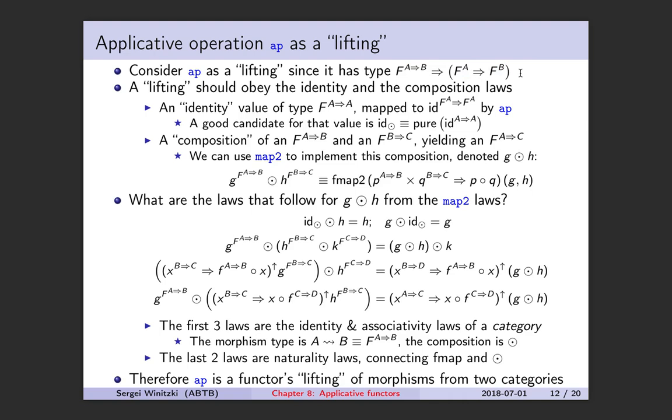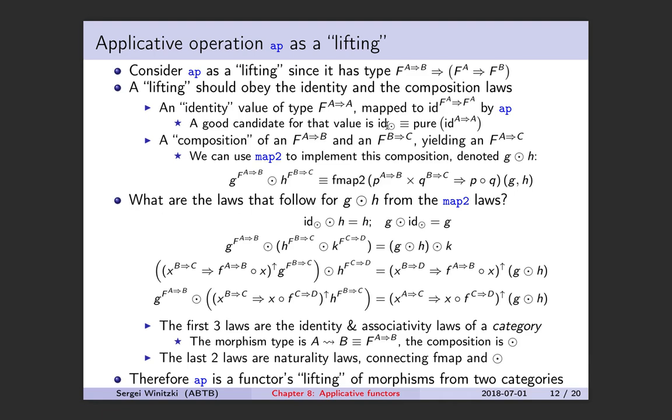Now, if we could, then we would first of all need a value of this type, FA to A, which would represent the identity for this lifting. And then we would demand that the function app takes that identity value and returns an identity transformation on FA. So how do we get a value of this type? Well, let's call it by this symbol, identity with this dot in a circle.